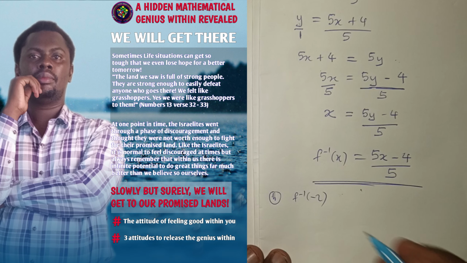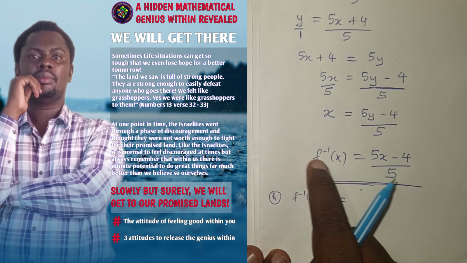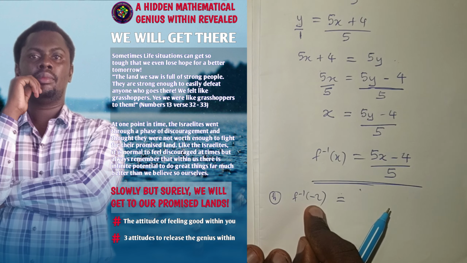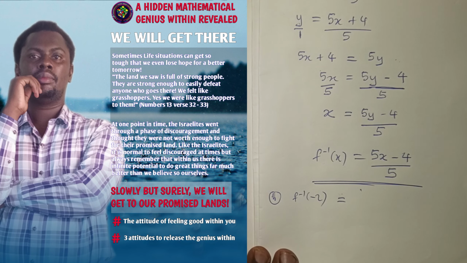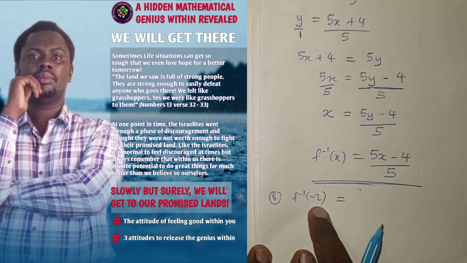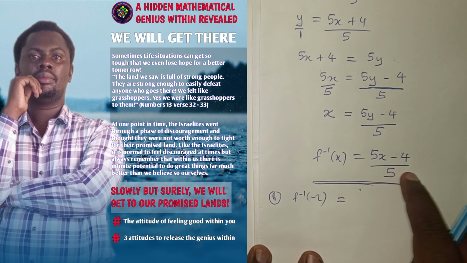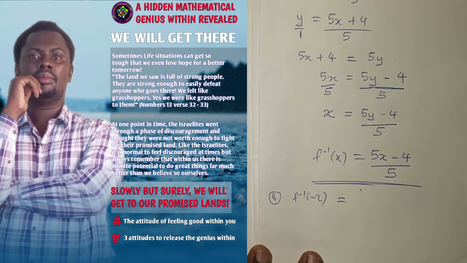This one is just a simple substitution. We go to f inverse of x and put negative 2 where there is x. So f inverse of negative 2 is just f inverse of x when x is equal to negative 2. We use this same expression.